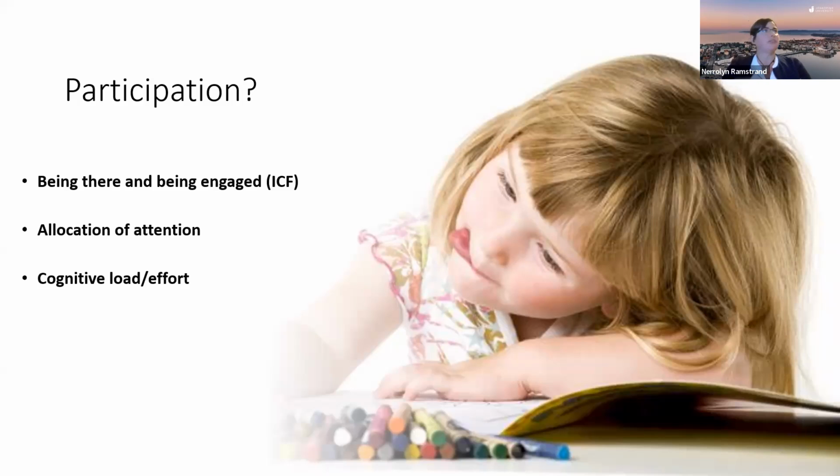And my colleagues that do this type of work on participation in children, particularly children with disabilities in classroom settings, they measure attention in a number of different ways. So they have a proxy measure, which means that they ask either the parents or the teacher, is the child engaged in the activity? Or they observe.